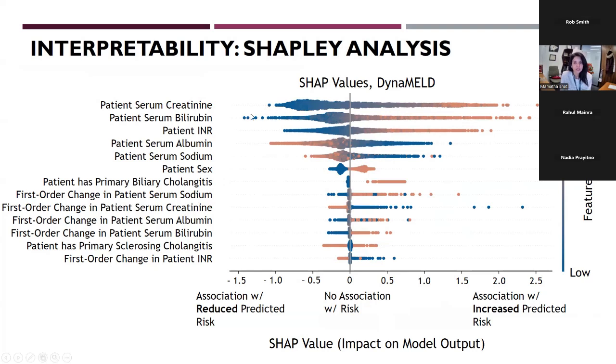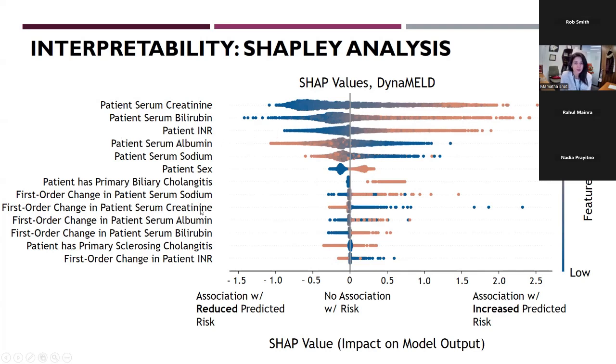By Shapley analysis, we see that the top features are creatinine, bilirubin, INR, albumin, sodium, and sex, which is reassuring because those are the features that we consider within the current MELD 3.0.